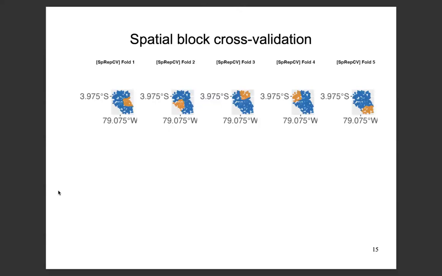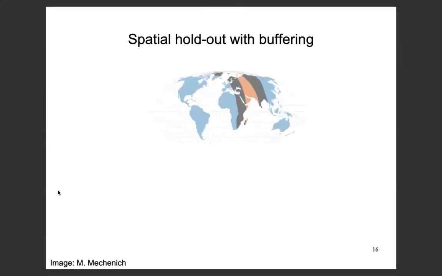To overcome that, this has been around for a long time in GIS systems, people have come up with something called spatial cross-validation, essentially stratifying folds. And now we see that most of the blue points would be far away from yellow points spatially, and presumably that would solve the problem of leaking the training data into the testing.